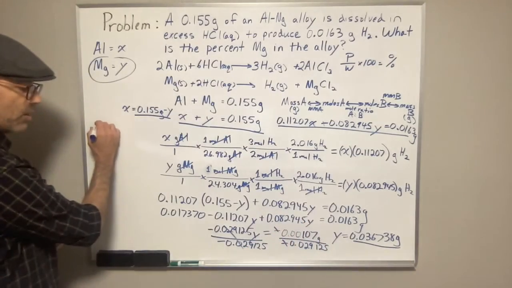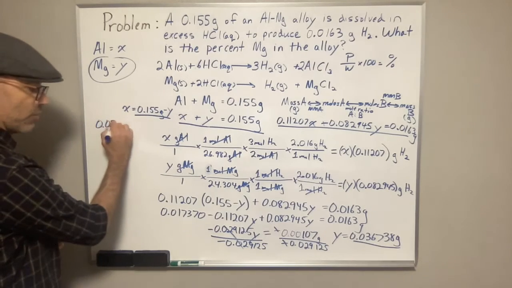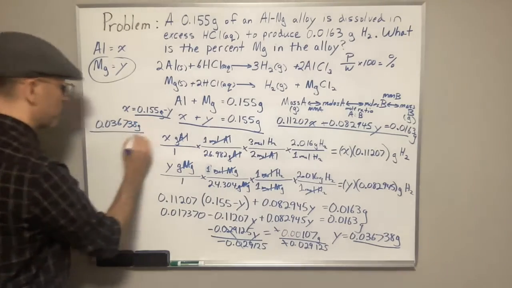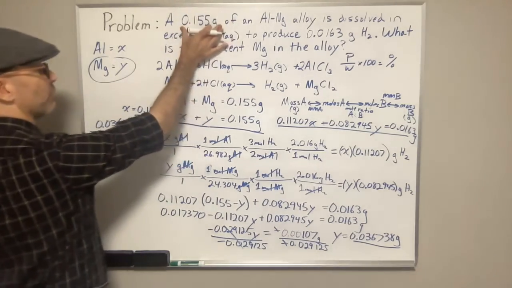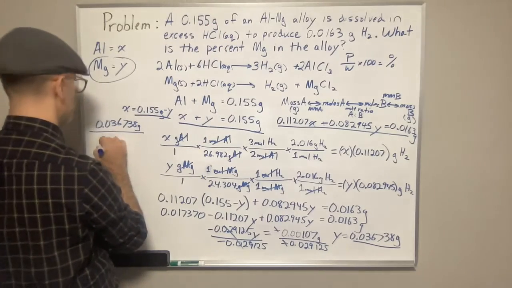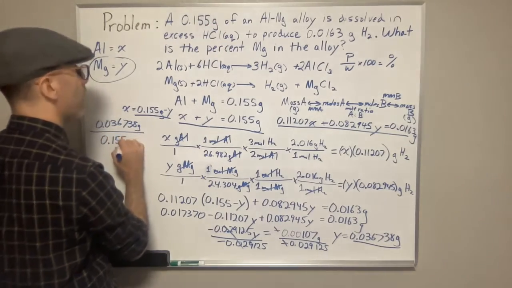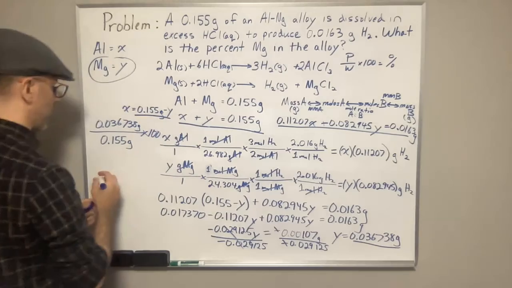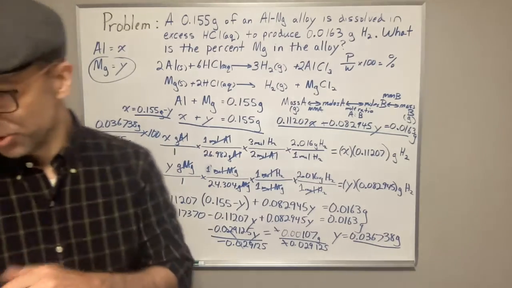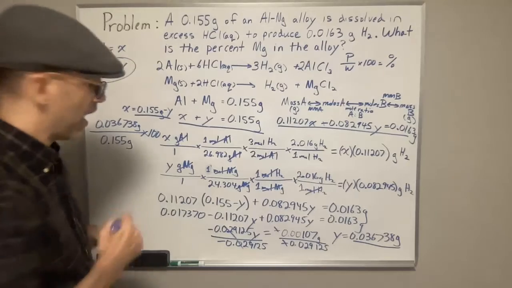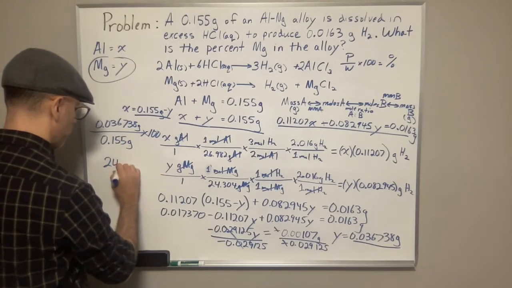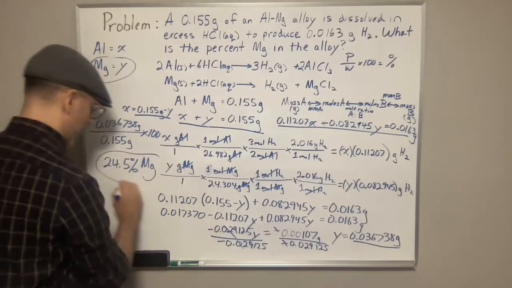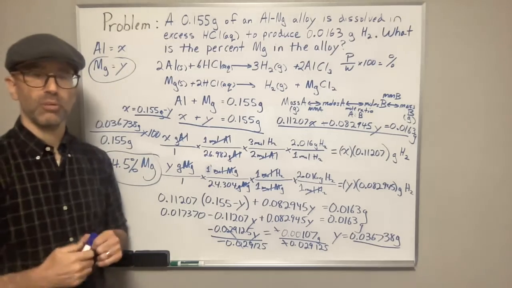We take our part, 0.036738 grams, divided by the whole, which is the original sample, the amount we started with, 0.155 grams. Then we multiply that by 100, and when you do that, you get 24.5% magnesium. That is the amount of magnesium in the original alloy.